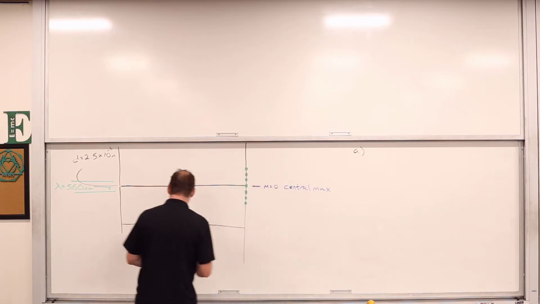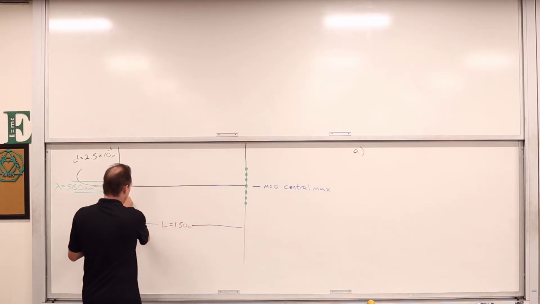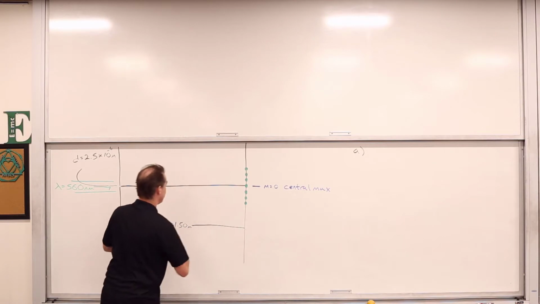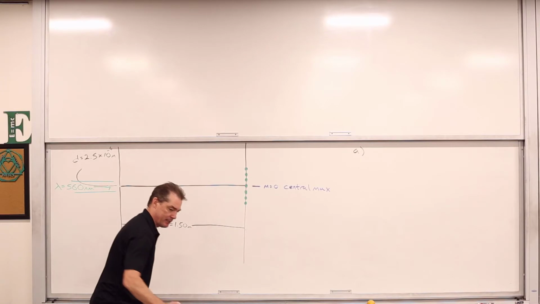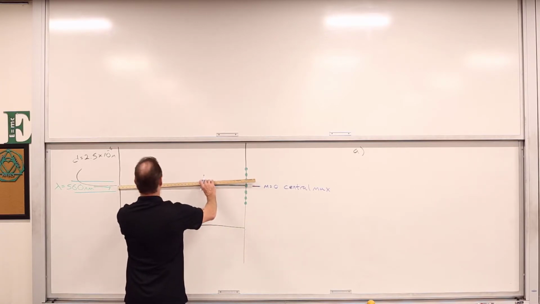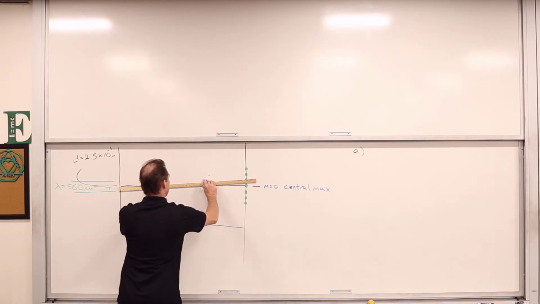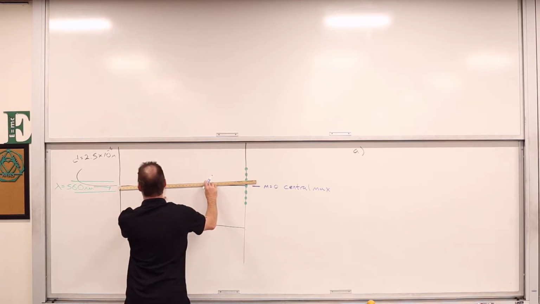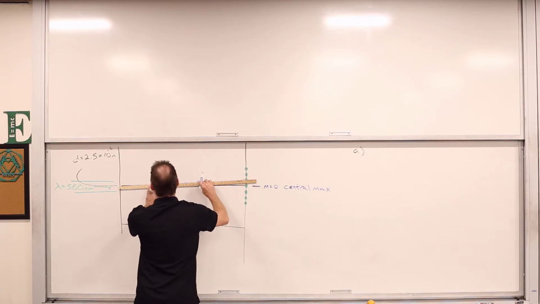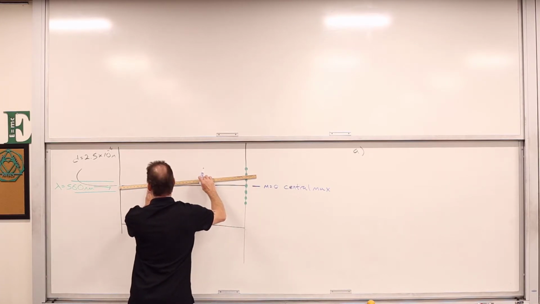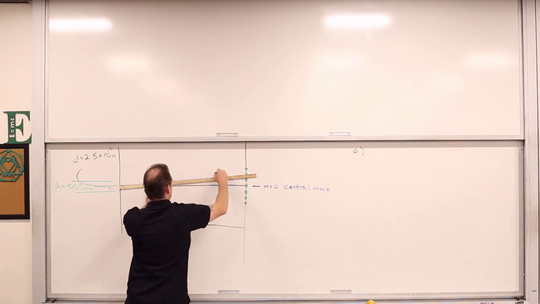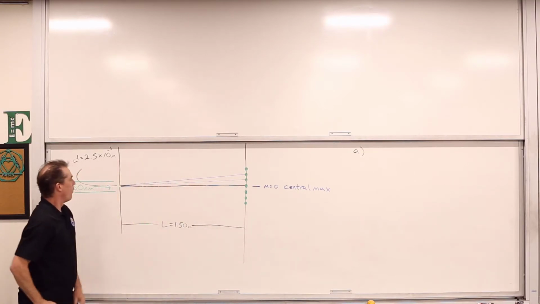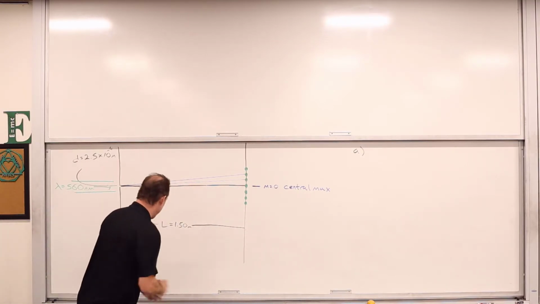But ultimately, we've got ourselves some angle between where the first order maxima and, try to draw this cleanly. There's the first order maxima right there. And then we've got the second order maxima right there.